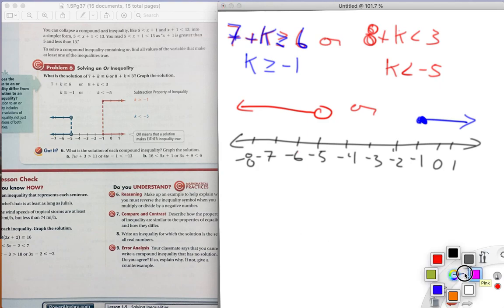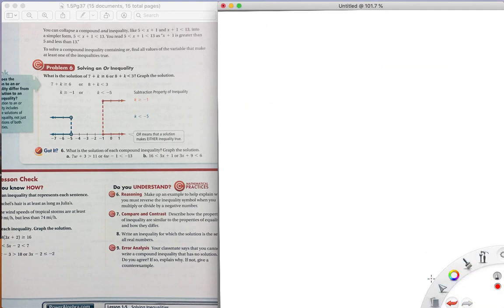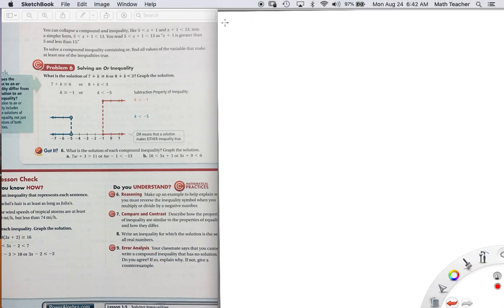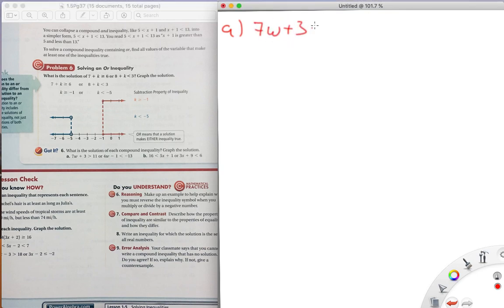So the two examples they want us to do: A, 7W plus 3 greater than 11. Subtract 3 from both sides. Why are you going to give me a fraction?